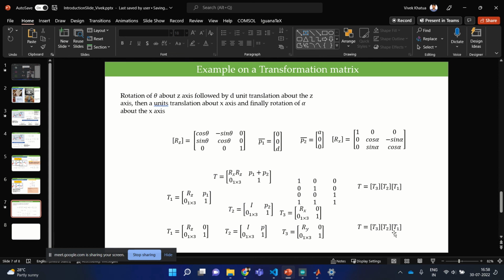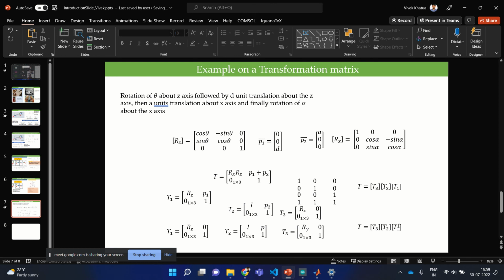Whatever you have performed first, it's going to be something like this. Let's assume that you have got T1. Any transformation that you do on T1 will be multiplied with T1. How does matrix multiplication work? If I have A and I do any operation on A, then B will fall to the left of A. That is the order.